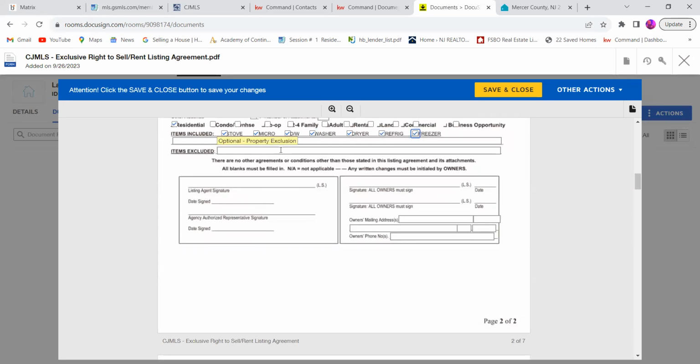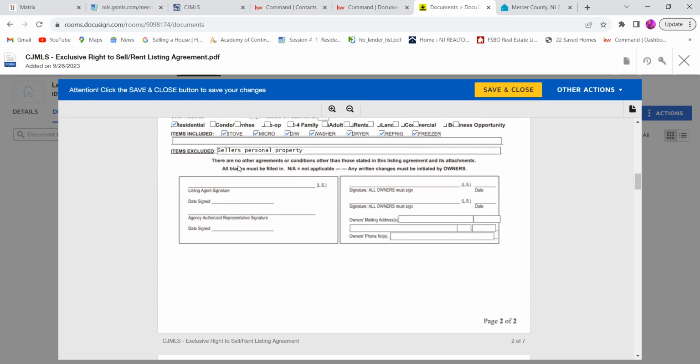Everything's included. Items excluded would be the seller's personal property, whatever they want to keep, besides the appliances.